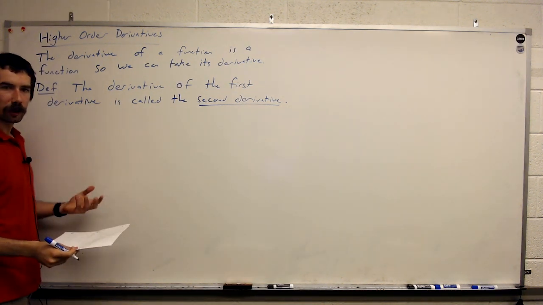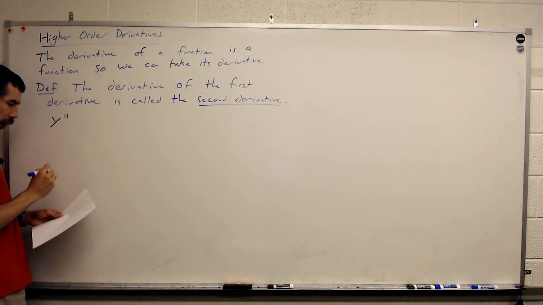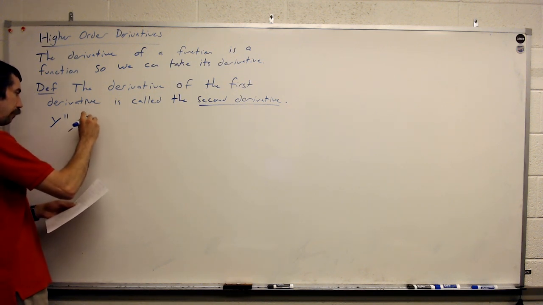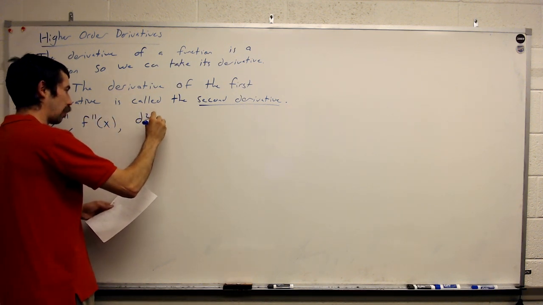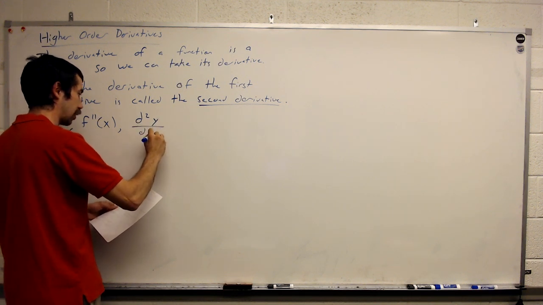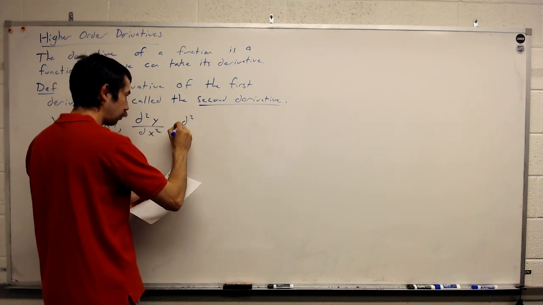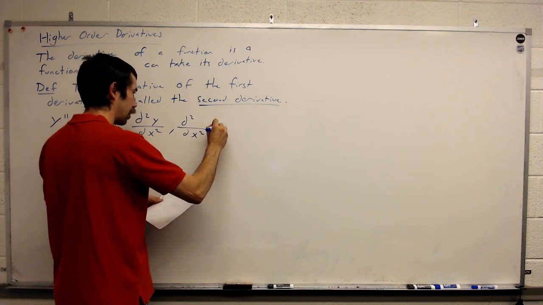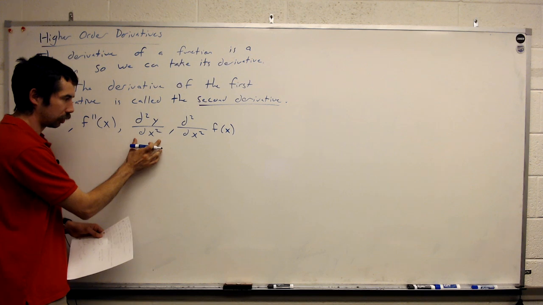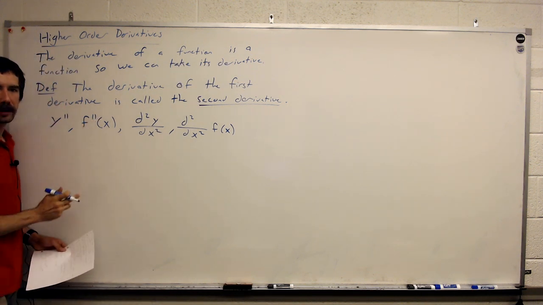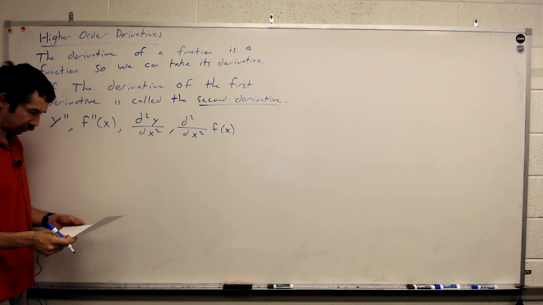All right, so what do we use for notation for the second derivative? We write y double prime, or f double prime of x, or d squared y over dx squared, or d squared over dx squared f of x. All right, this is saying two derivatives, right? Two primes means two derivatives. These are all just different ways that you'll see the second derivative.